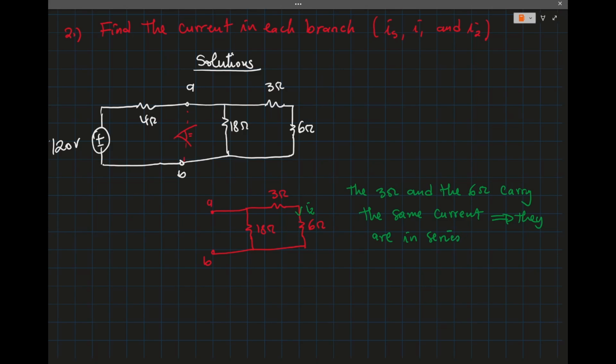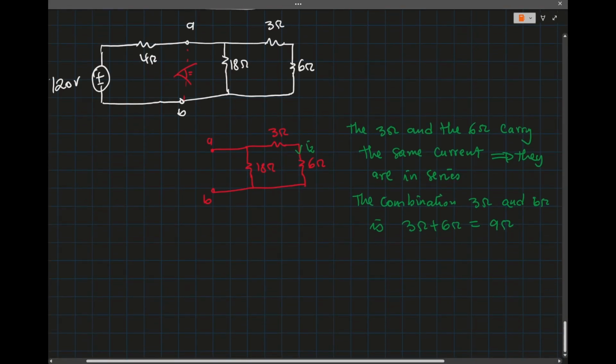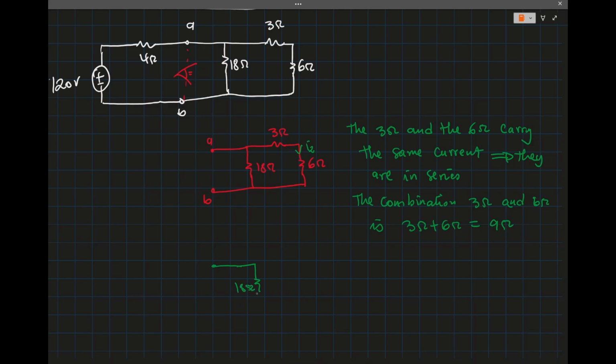So that means we can find that combination. The combination of 3 ohms and 6 ohms is 3 ohms plus 6 ohms. They're in series, we can add them up. So that is 9 ohms. So that means my network now becomes, we have 18 ohms here, and this will be 9 ohms.